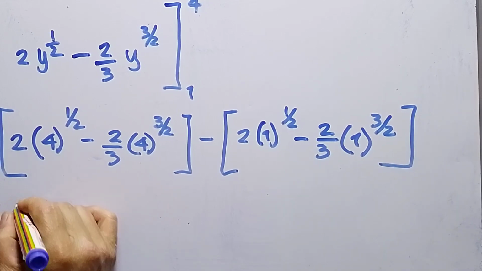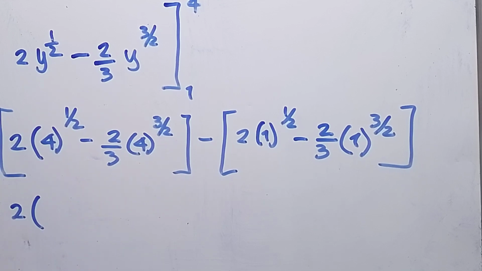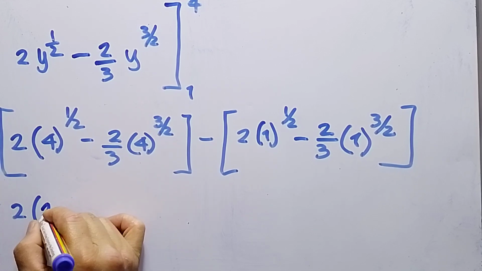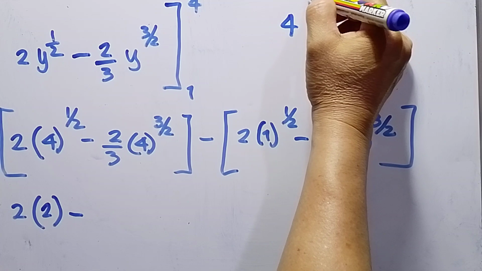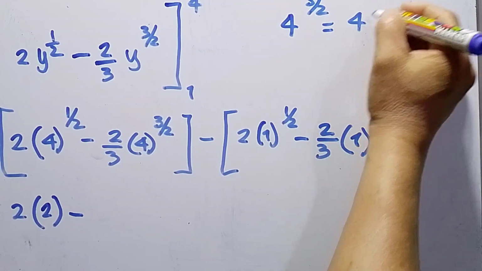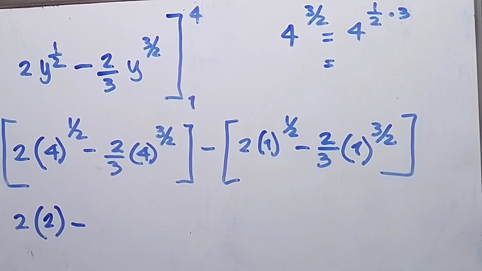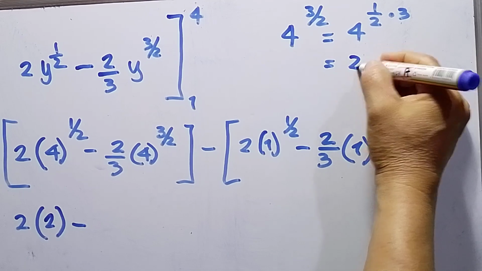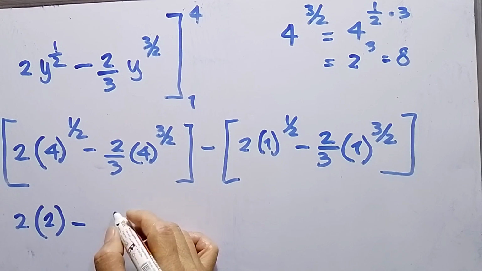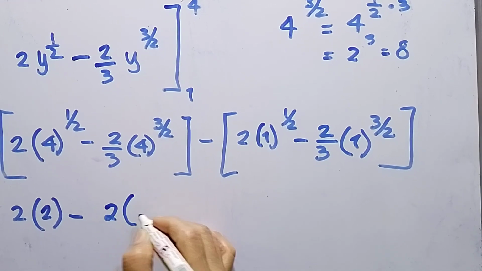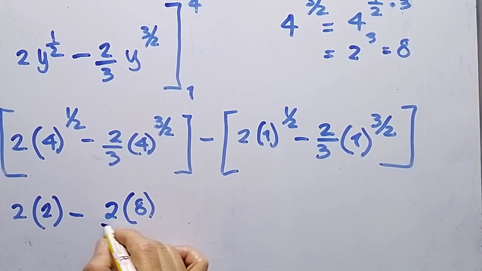So this will be 2 times 4 raised to 1/2, meaning the square root of 4, which is 2. Then minus. Take note, 4 raised to 3/2 means the square root of 4, which is 2, and then cubed. So this is 8. Therefore this is 2 times 8, and then over 3.